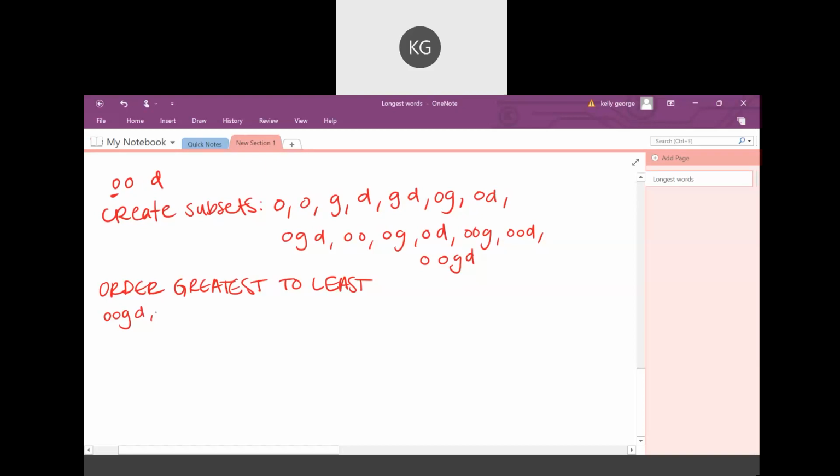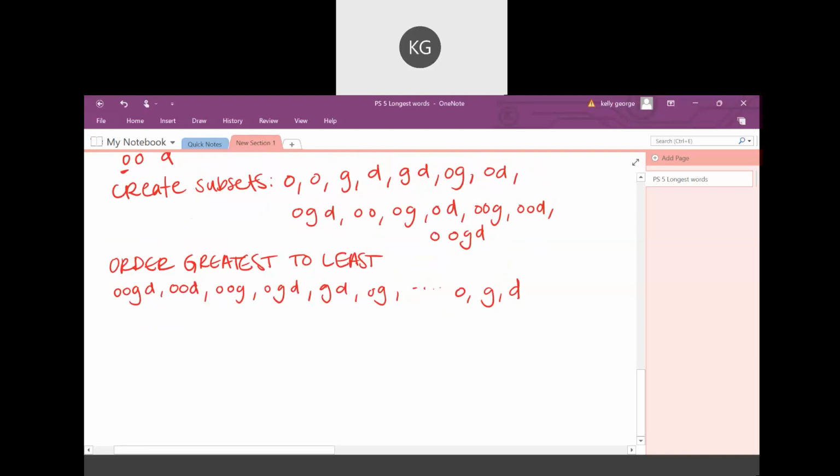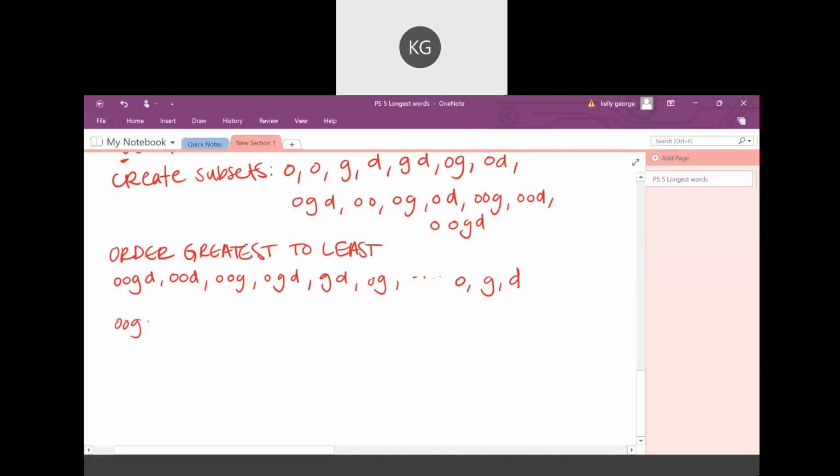And then all the ones with 3, all the ones with 2. There's some more. And then the ones with 1. All right, so now we need to take our word, which was our input, OOGD, and put it into alphabetical order. So what would it be then?